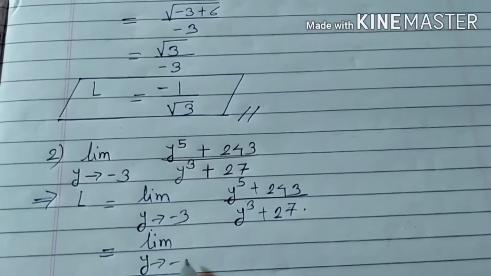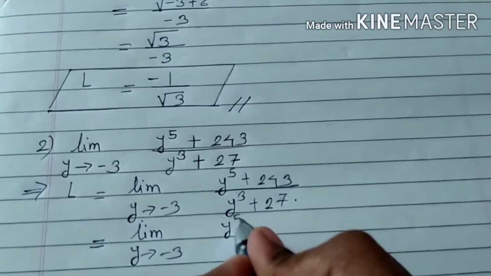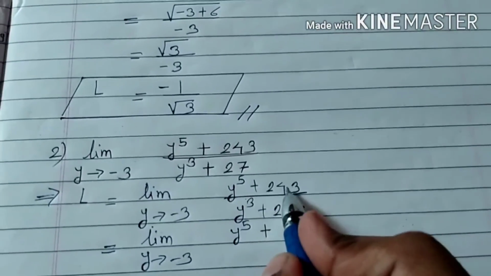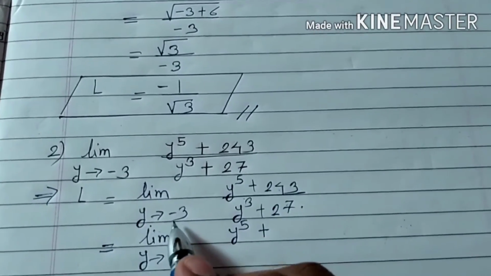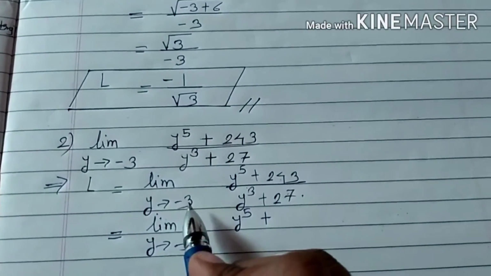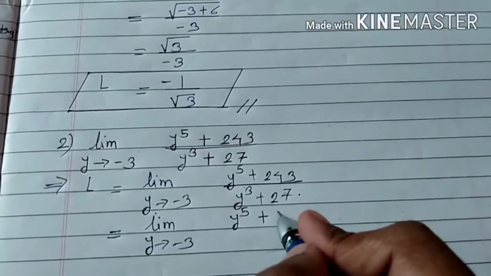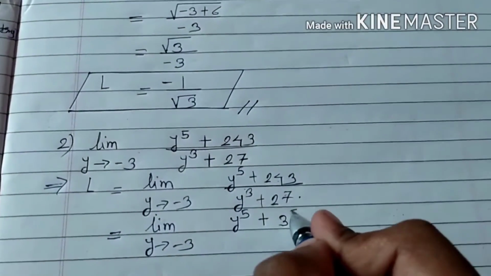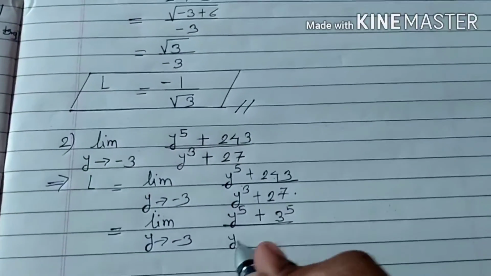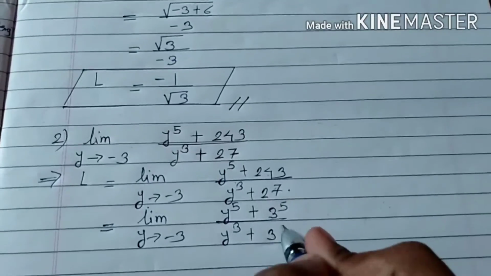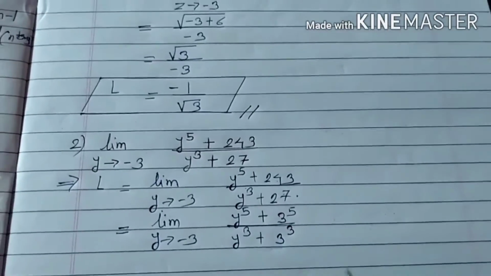So we know that y raised to 5 plus 243, first neglect the minus, suppose only 3. So we know that 3 raised to 5 is 243 and 3 cube is 27.